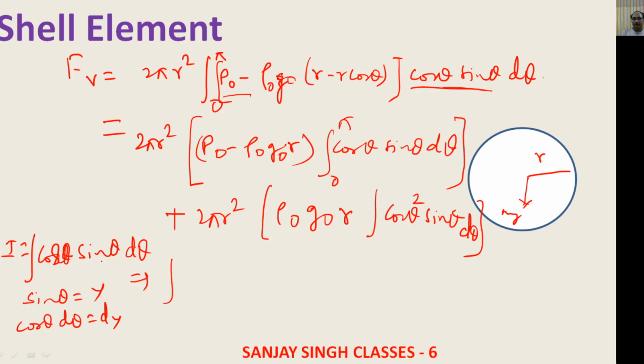So it is y dy, and it gives you y square by 2 plus c, but it is a definite integral from 0 to pi.